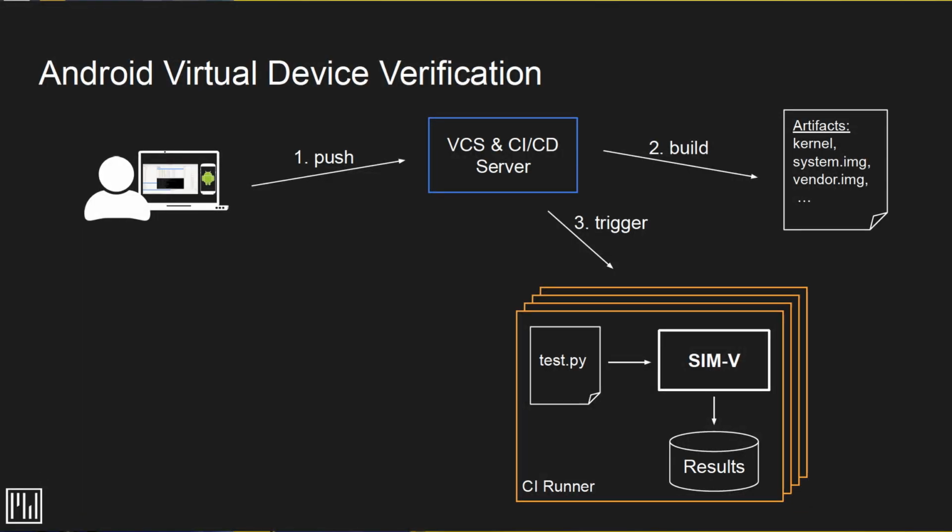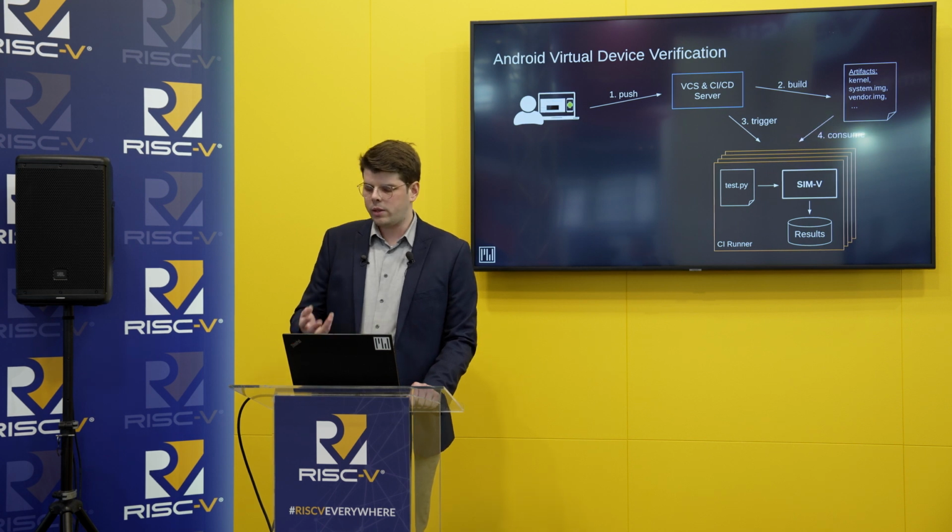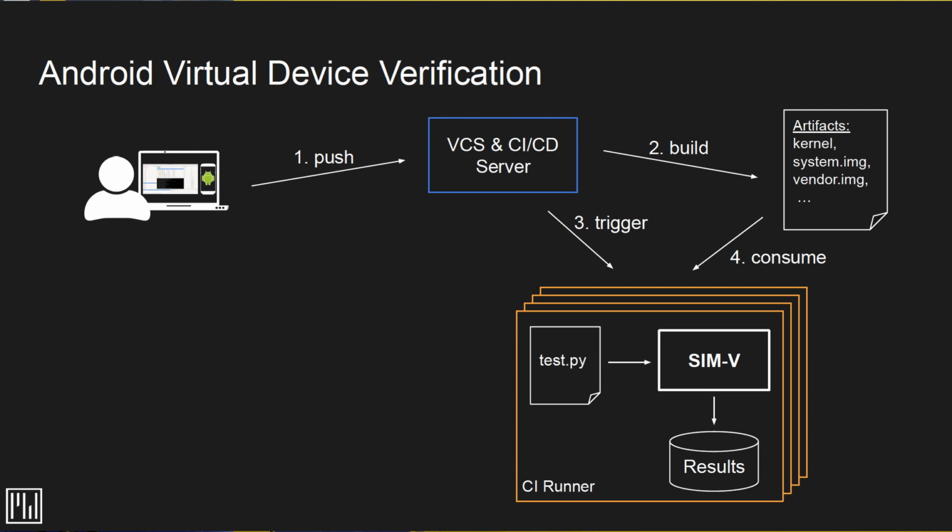So your CI server will trigger your CI runners that are, for example, running locally on your own servers, or you can also run them in the cloud. And these CI runners then have Sim5 and a test script written in Python, and they will give test results. During runtime, the CI runners will then consume the images that you have built using your VCS.